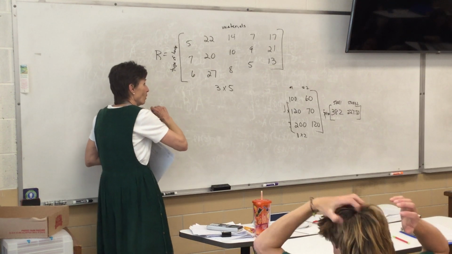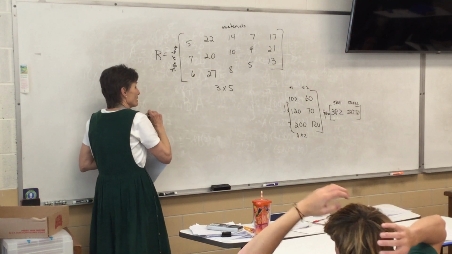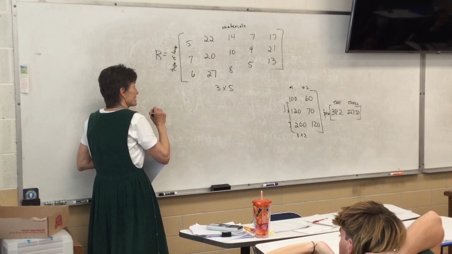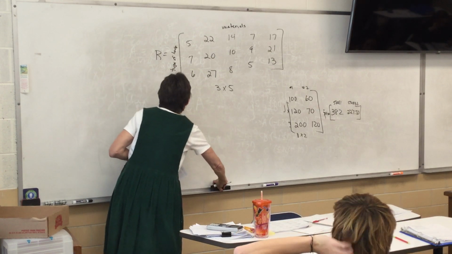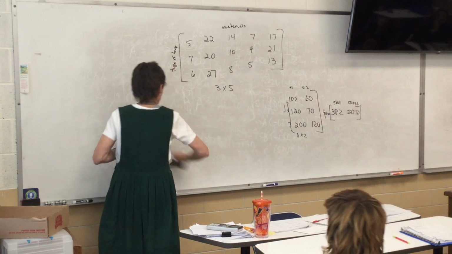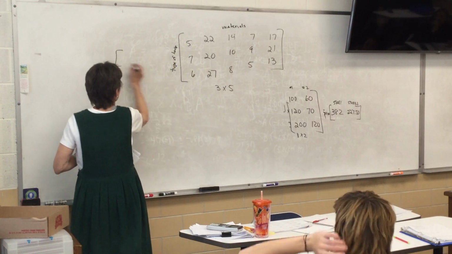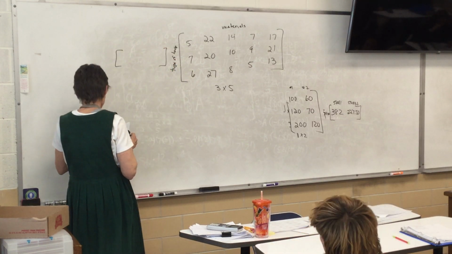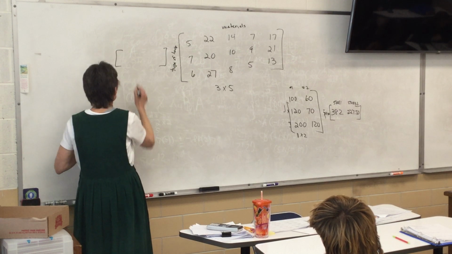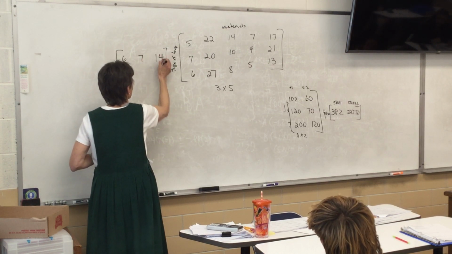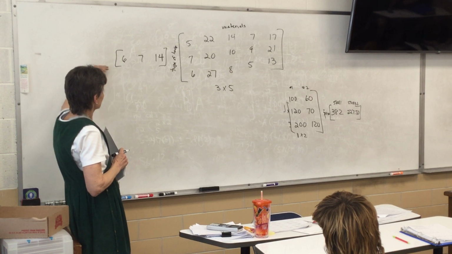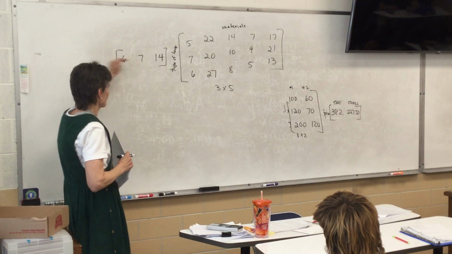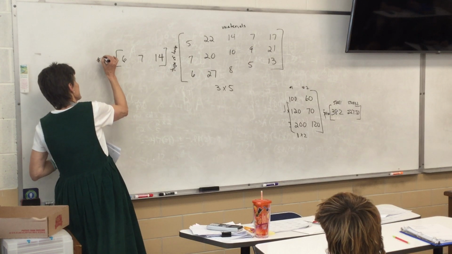So I'm going to have to multiply him by the types of houses that I have. I'm going to multiply him by this matrix, 6, 7, 14.